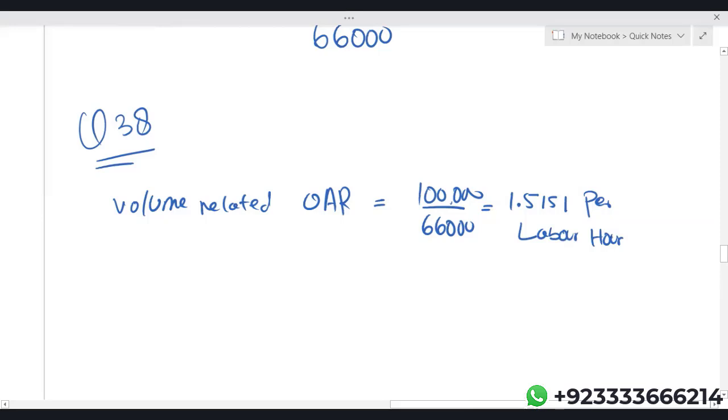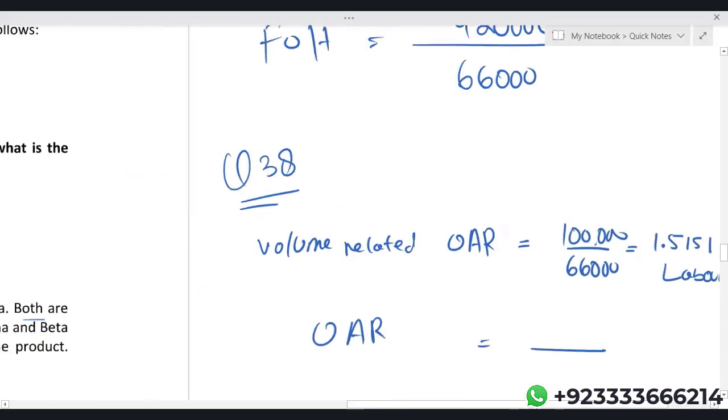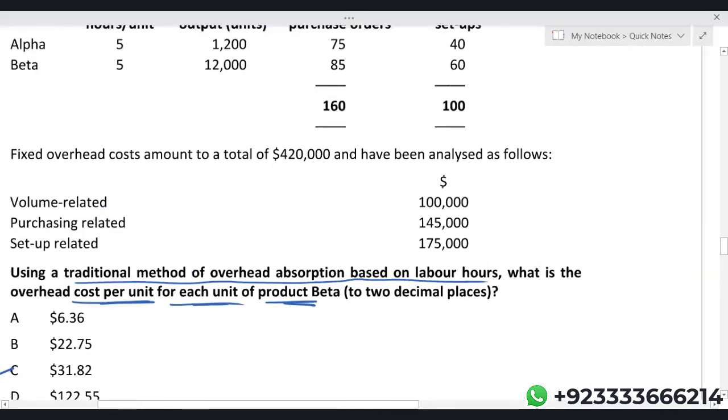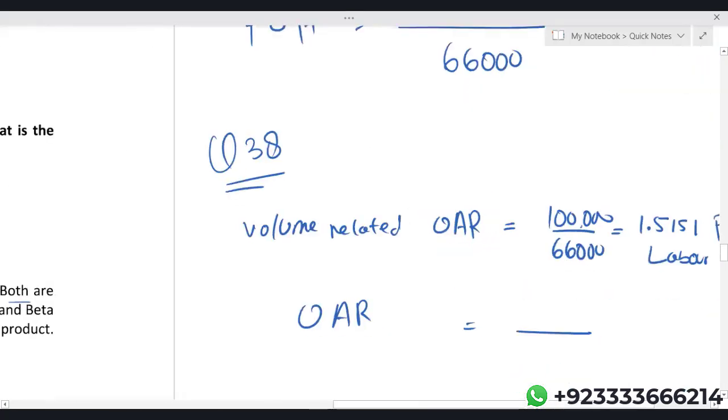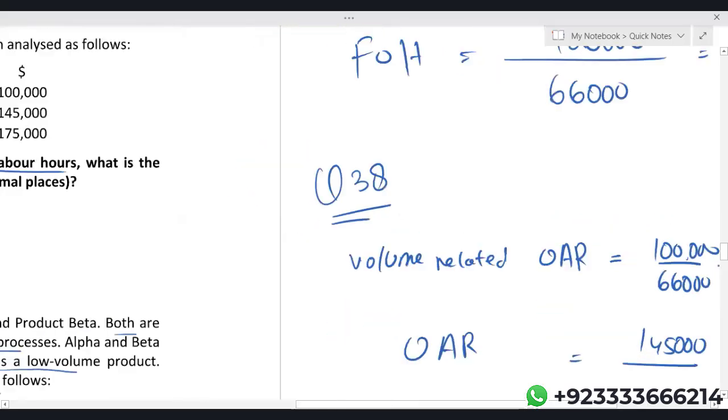Now, overhead absorption rate per purchase order. Purchasing related overhead is 1,45,000.